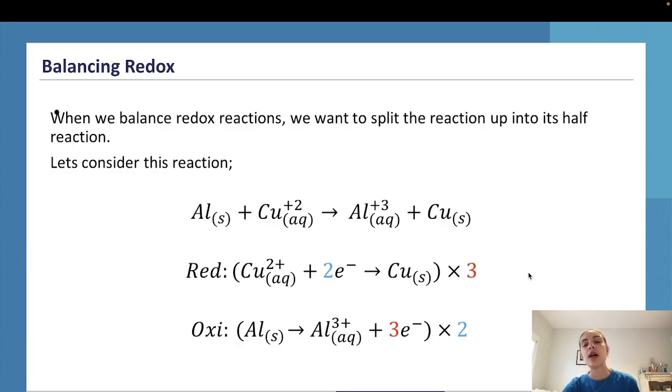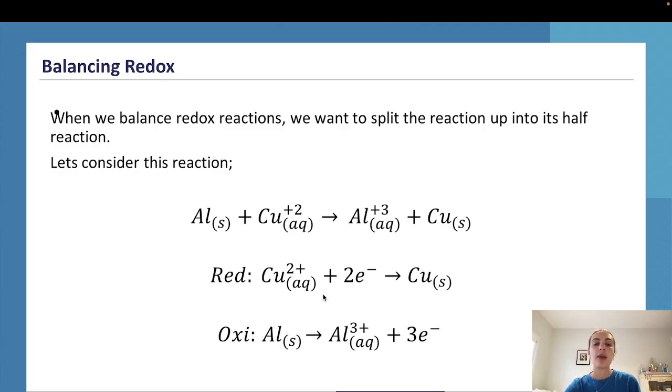So we can see our two reactions were not balanced in terms of their charge between them. So they were balanced, when we look back, we can see they're balanced for each side, but these two reactions are not balanced in terms of their transference of electrons. So if we're to consider our reduction, we've got a transference of 2 electrons. Whilst if we're to consider our oxidation, we've got a transference of 3 electrons.